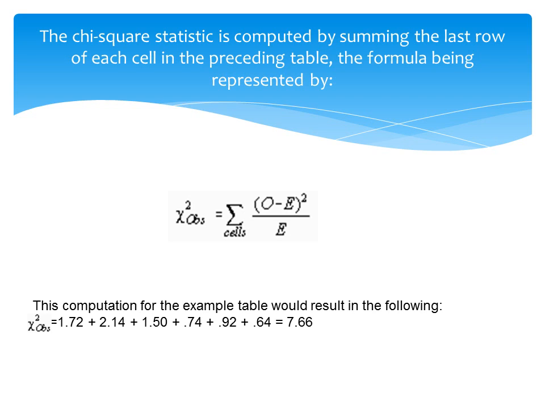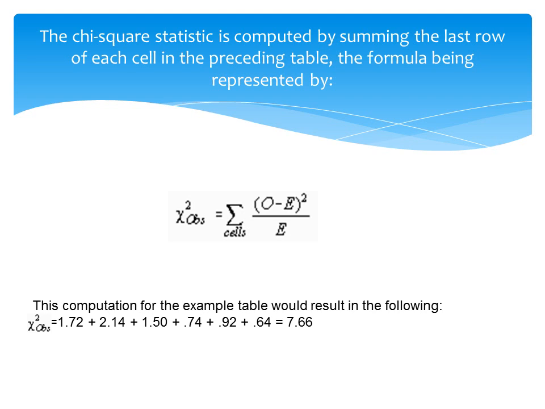So putting everything that we have defined in our contingency table together, the chi-squared statistic is computed by summing the last row of each cell in the preceding table that we just looked at. The formula would be represented by, and this is what the formula would actually look like, chi-squared observed is equal to, and the symbol that looks like a giant E, the sigma, means total.